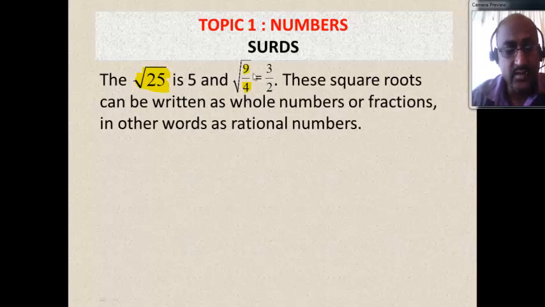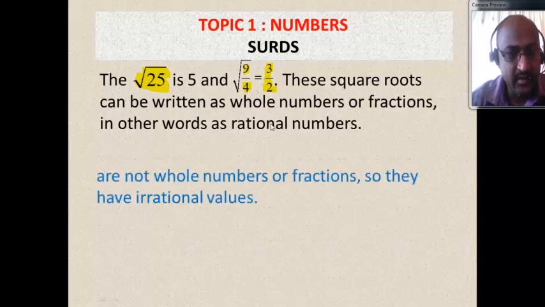In this case, the square root of 9 over 4 is equal to 3 divided by 2. These square roots that I have dealt with over here can be written as whole numbers, or it could be written as fractions. In other words, both these can be written as rational numbers.